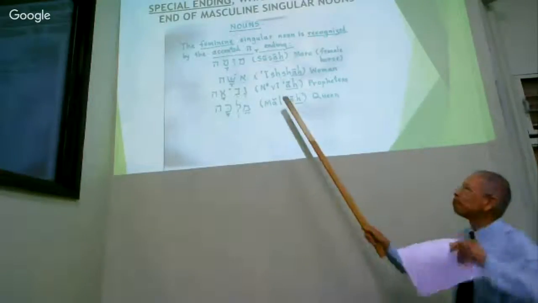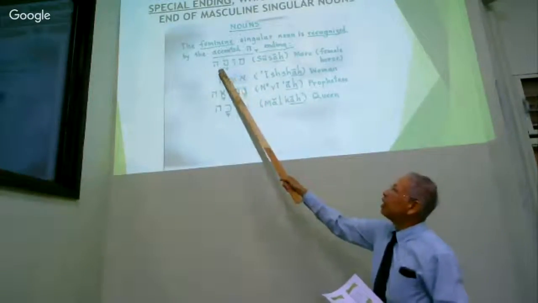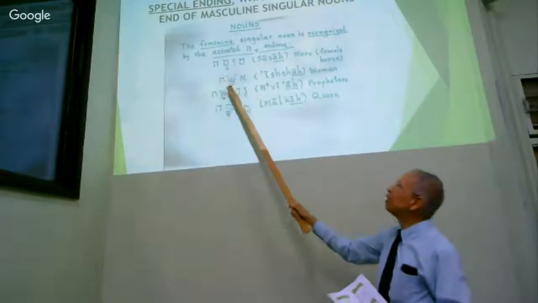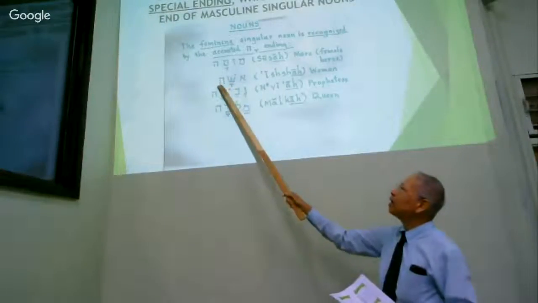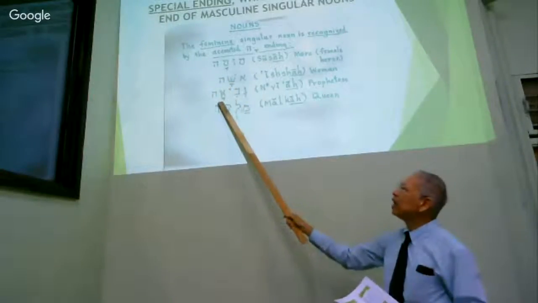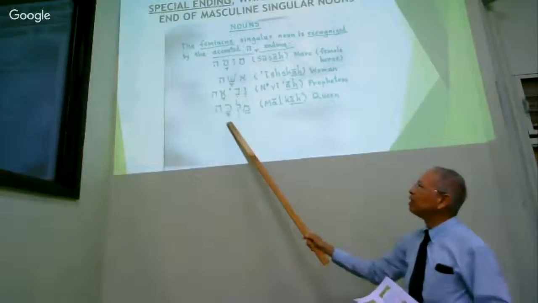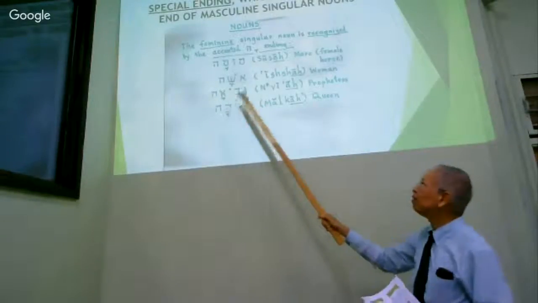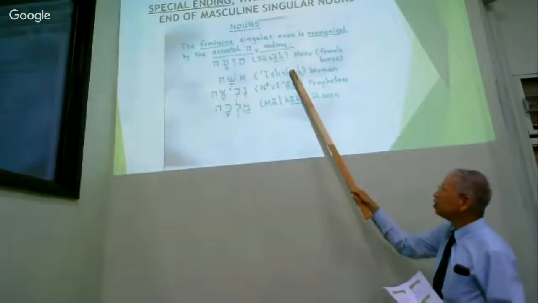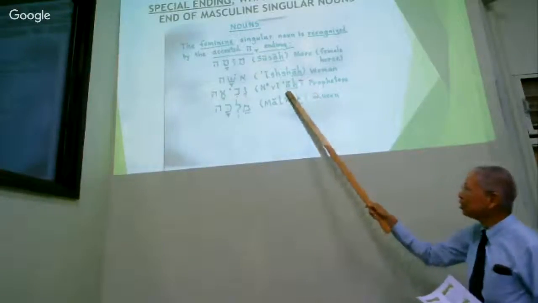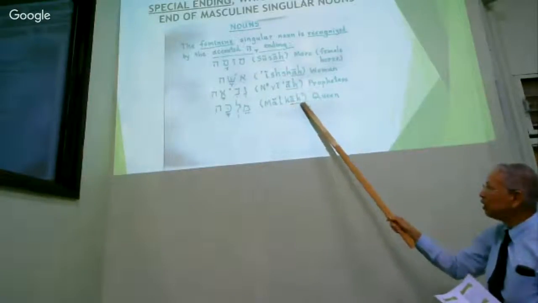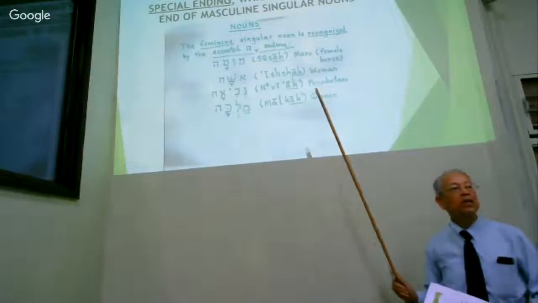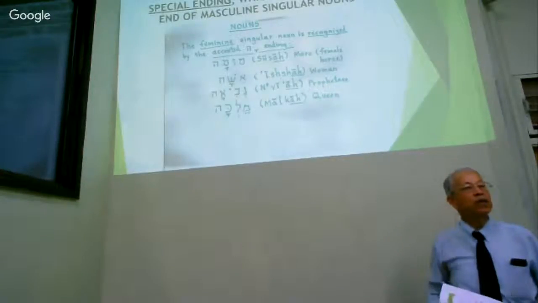Notice that. Commas A, A. AH, AH. That is the sign of the feminine singular.